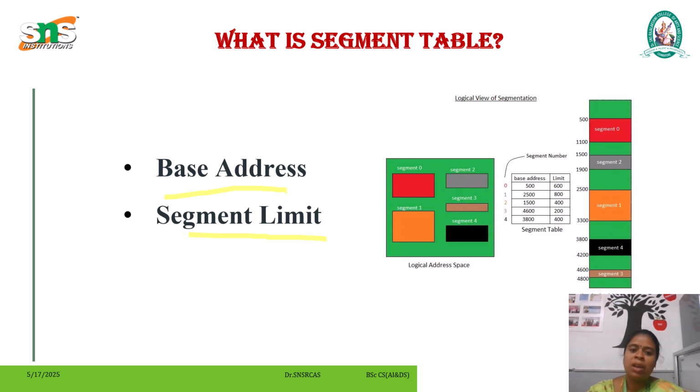The address generated by the CPU is divided into two: one for segment number, that is called S, another one for segment offset, that is called D. Segment number is the number of bits required to represent the segment. Segment offset is the number of bits required to represent the position of the data within the segment.